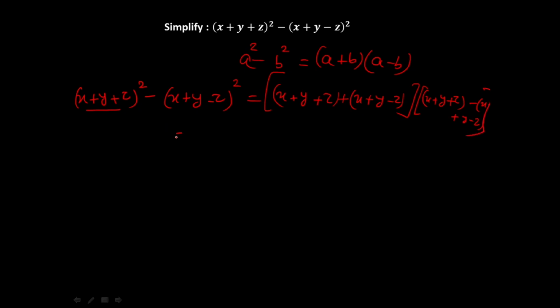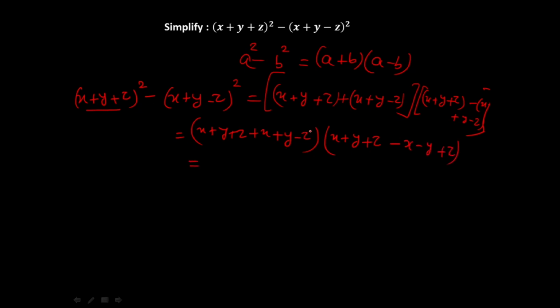Now simplify this. This is x plus y plus z, plus sign, no change in sign, so write as it is, x plus y plus z. Next one, x plus y plus z minus, because this is a negative sign, so all signs get changed: minus x minus y plus z.